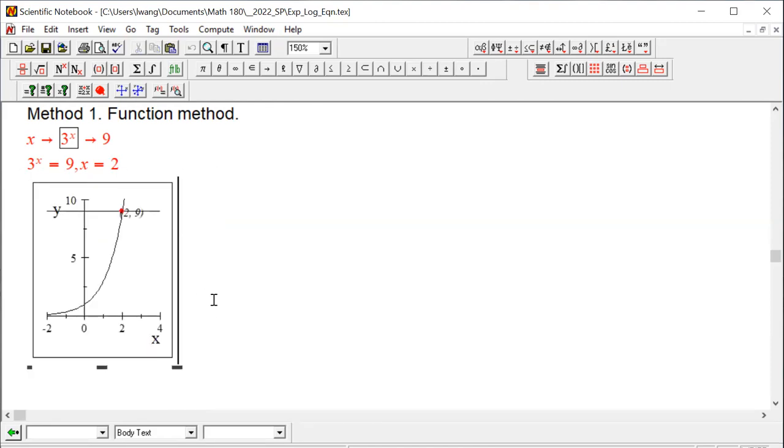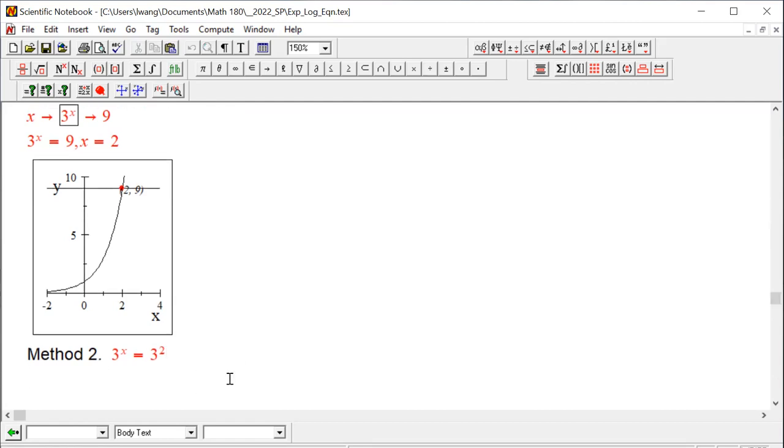The second method is more algebraic. Since we know that 3 to the power of x is equal to 9, and 9 is 3 squared, and this function is 1-to-1, therefore x is going to be equal to 2.